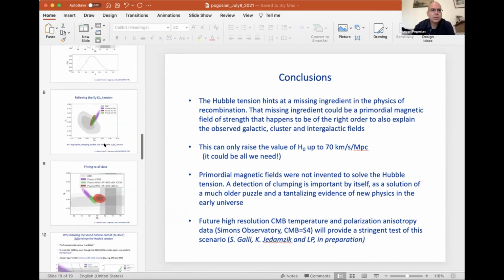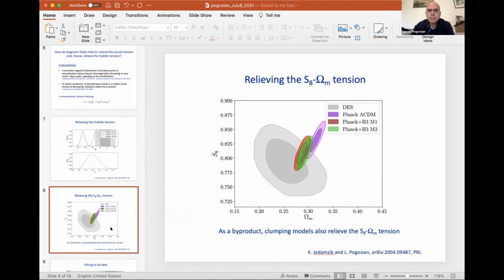Yes, I'll show you the plot here. So in this model, you could say the H0 tension is not solved, but it's relieved. It shifts H0 in a higher direction, but at the same time it shifts S8 also in the right direction.